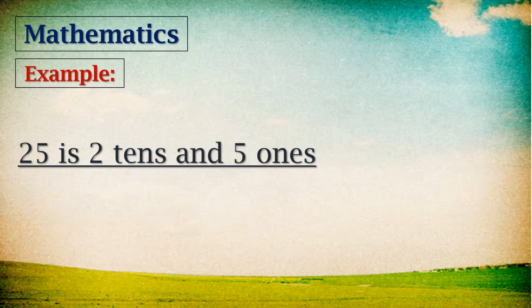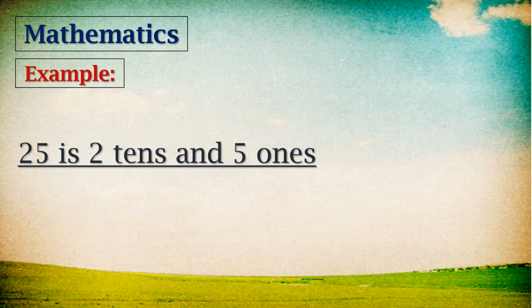Since this is mathematics, we are going to have more examples for you to be able to understand the lesson. Okay? Example. 25 is 2 tens and 5 ones. Again, number 25 is 2 tens and 5 ones.